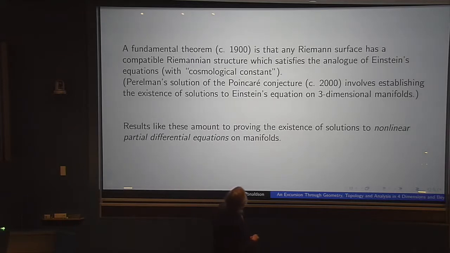Another development we could mention briefly, although it's off the main line of our talk, involves the study of the solutions of Einstein's equation on three-dimensional manifolds, which was developed very extensively over the last century, in particular in the work of Perelman, proving a famous result solving what's called the Poincaré conjecture.